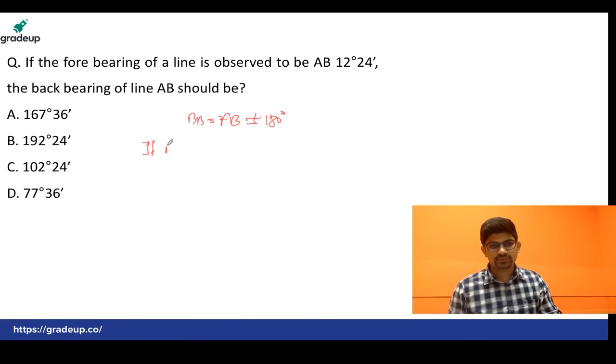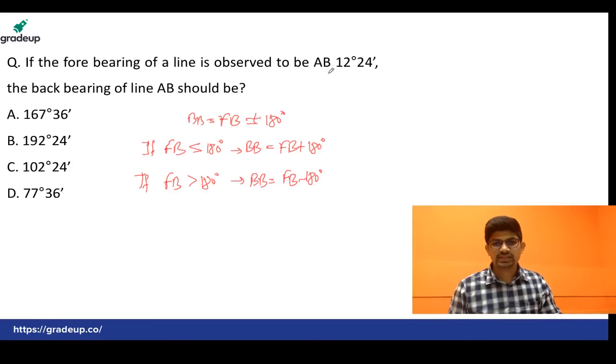If the fore bearing is less than or equal to 180 degree, then back bearing is equal to fore bearing plus 180 degree, while if the fore bearing is greater than 180 degree, then back bearing is fore bearing minus 180 degree.